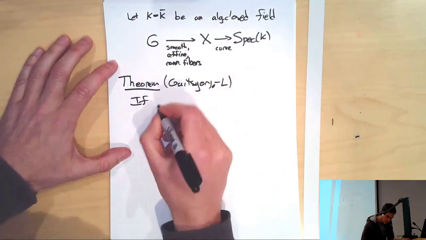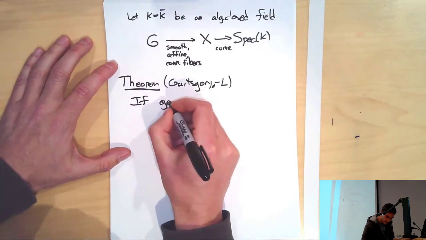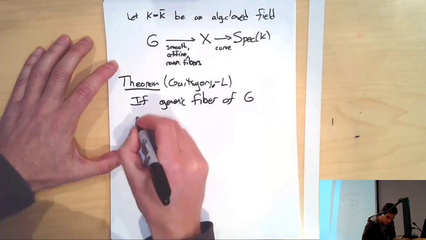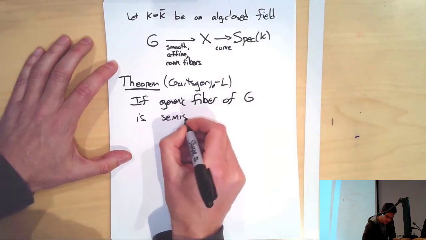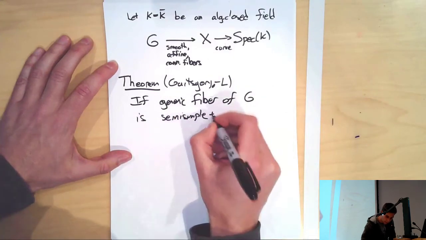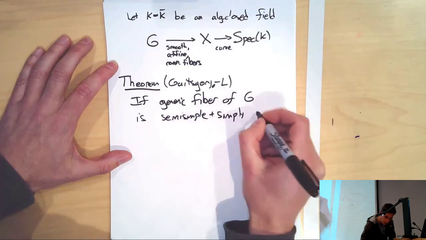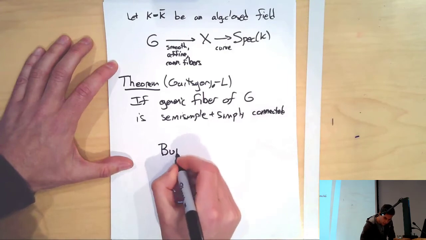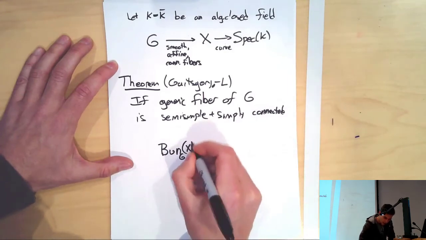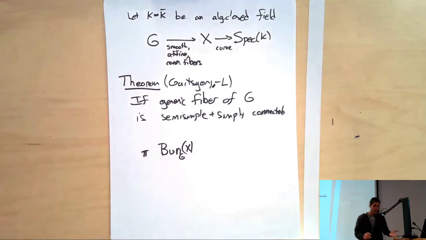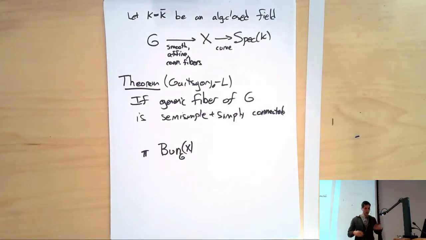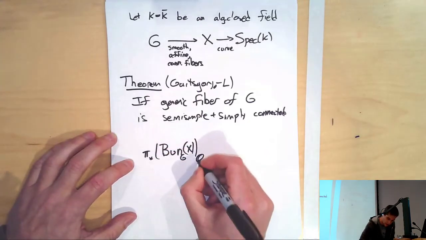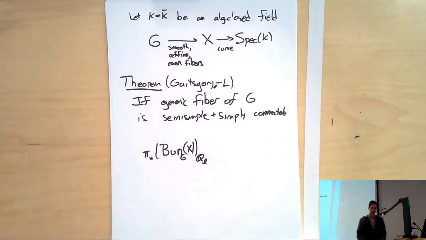There's a hypothesis: if the generic fiber of G is semi-simple and simply connected, well, then we can say something about the homotopy type of Bun_G(X). Specifically, I'm going to choose some prime number l, which is invertible in K, and then we can talk about the Q_l homotopy groups of this Bun_G(X).